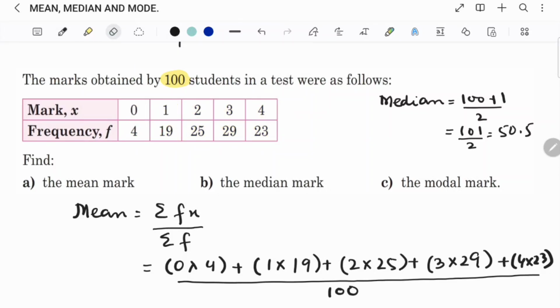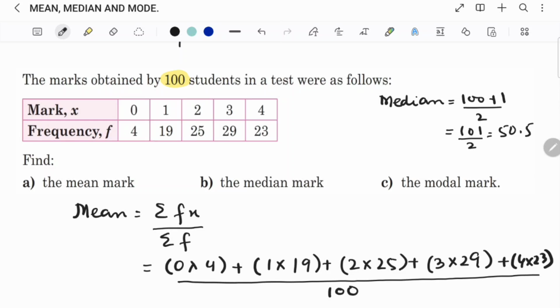Wherever it's lying, the x value is your median or mode, because the x value is written in the data. Like 0 is written 4 times, 1 is written 19 times. So I'm just doing the cumulative frequency and finding out where 50.5 is lying.